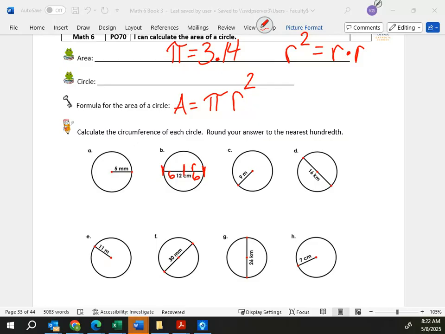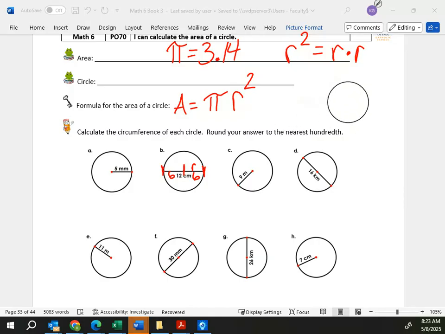So if you are one that needs it, let's do it this way: the radius equals the diameter divided by 2. So if you're given the diameter, divide it by 2 for your radius. You can put that note on there. Any questions about our circle area?